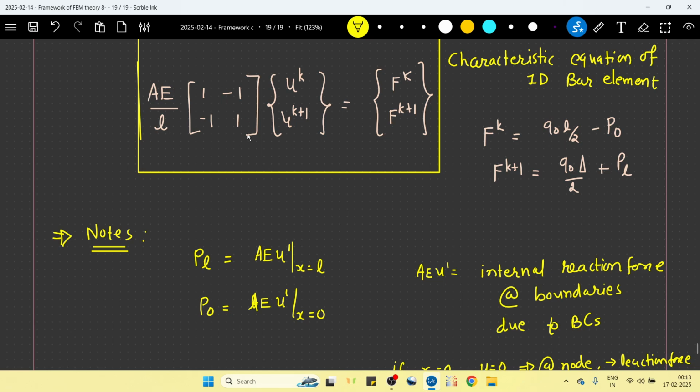In this equation, A by L is nothing but axial stiffness of the rod. We already have discussed these equations previously, so I am not going to touch it again. This complete is the element stiffness matrix.